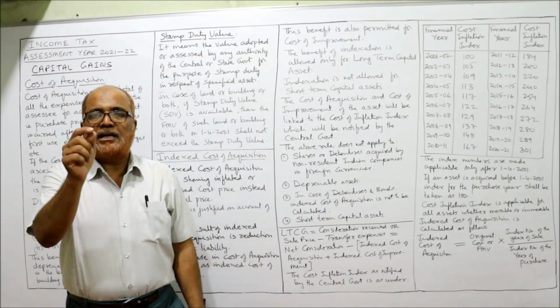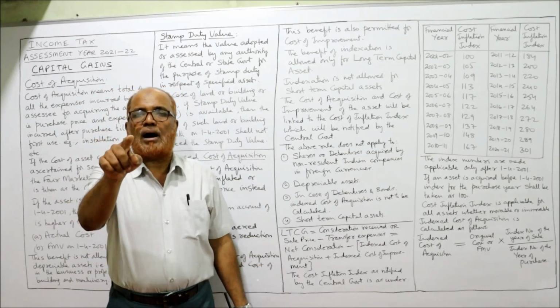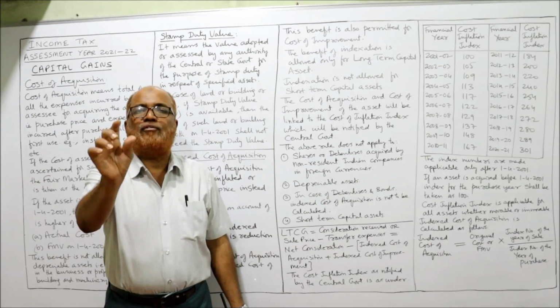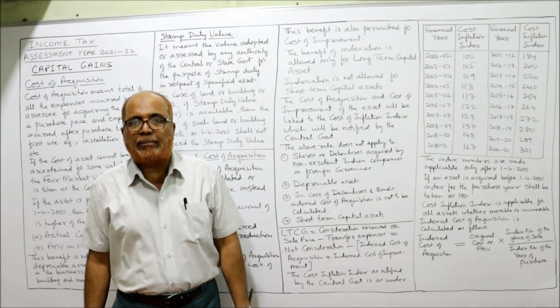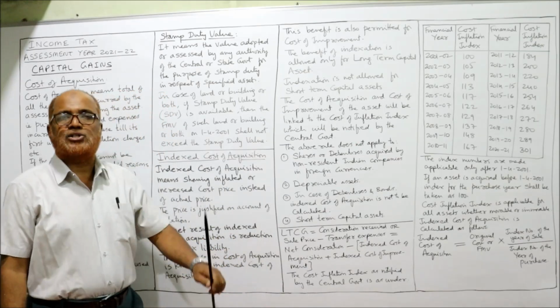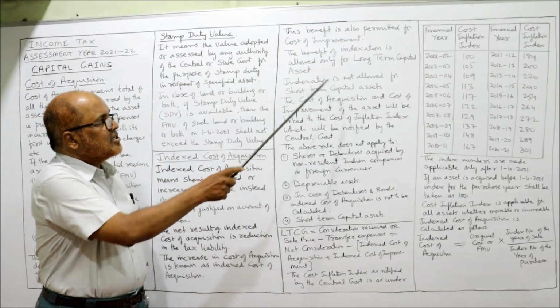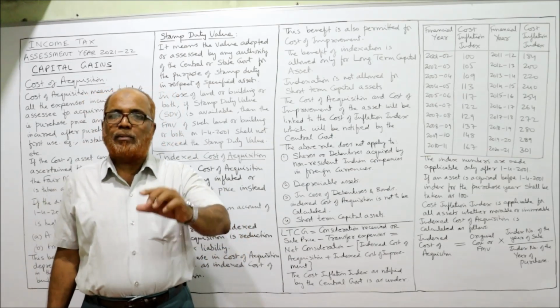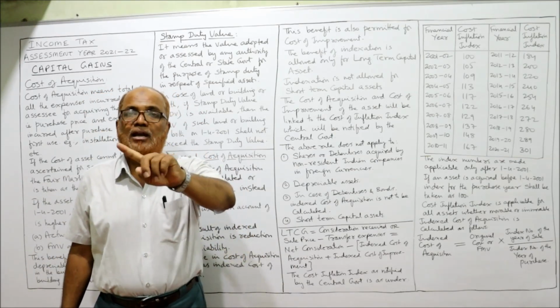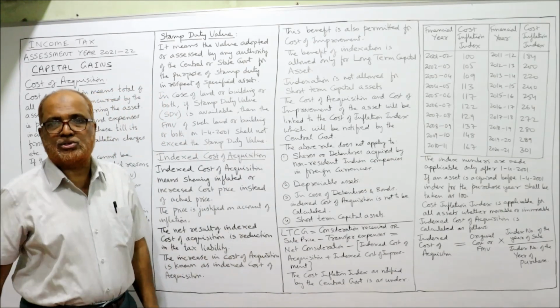This indexed cost is applied only for LTCG. For calculating long-term capital gain, we apply indexed cost. Indexation is not allowed for short-term capital gain, never. If you see in the problem that it is short-term capital gain, never use indexed cost of acquisition.